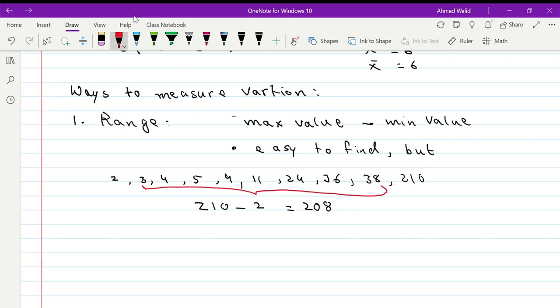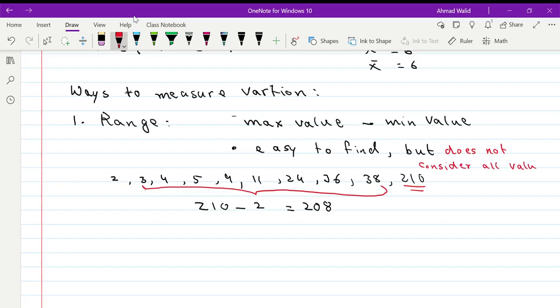If this number, the max, is changing, it changes the range without focusing on the other data. That's the bad part. Now I can say it's easy to find, but it does not consider all values.